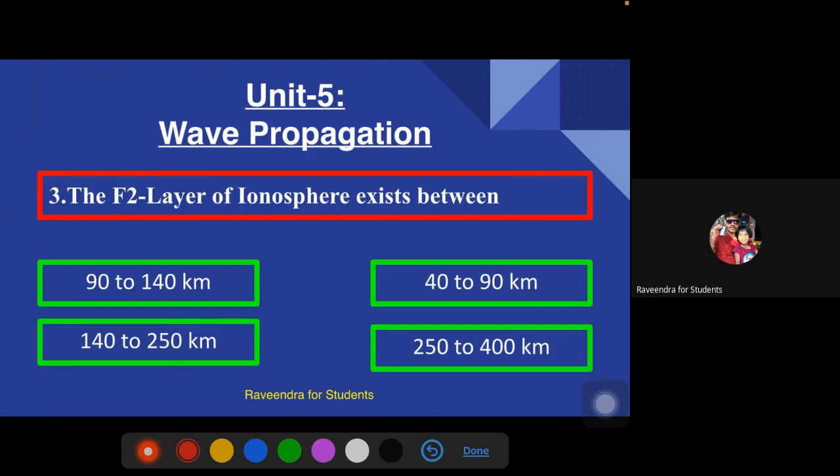We'll have the ionospheric layers. D layer from 40 to 90. Then E from 90 to 140. Then F1 from 140 to 250. Now what we want is F2. So F2 is 250 to 400 kilometers. 250 to 400 kilometers is the correct option, correct answer here.